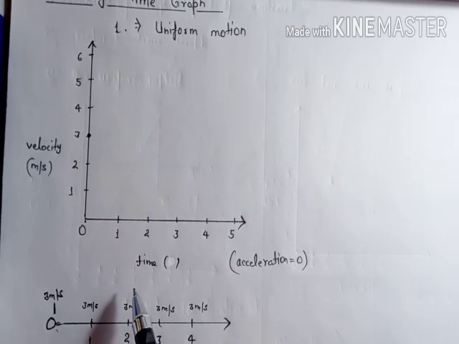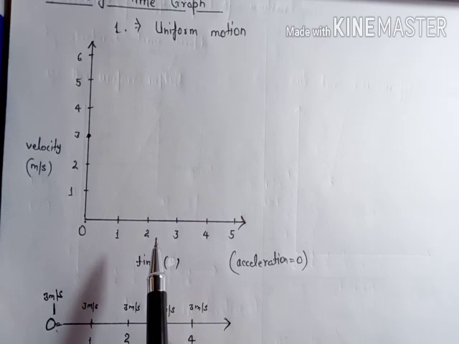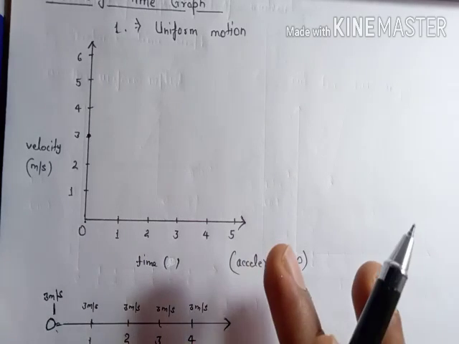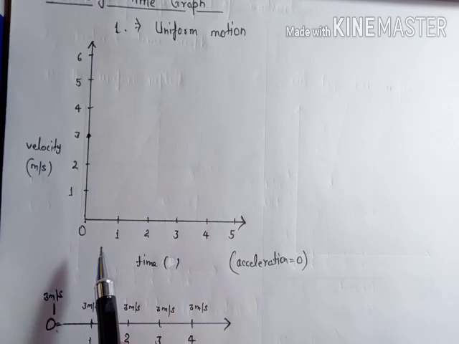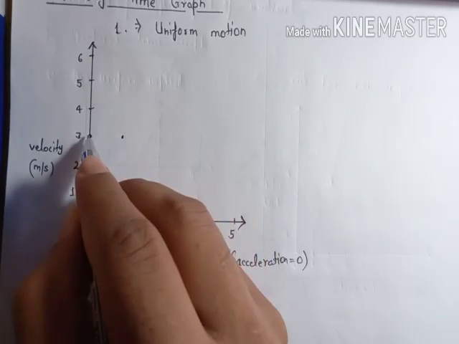After 1 second the velocity of the body is not going to change, just because the body is under uniform motion. After 1 second the velocity is still 3 meter per second, and the point here is, this is 1, this is 3.